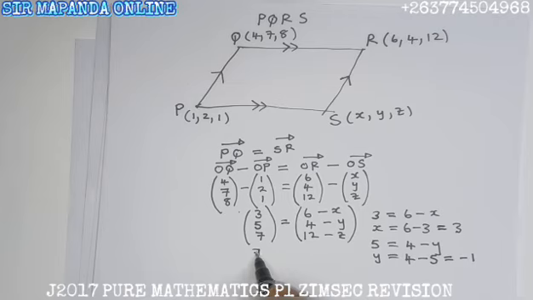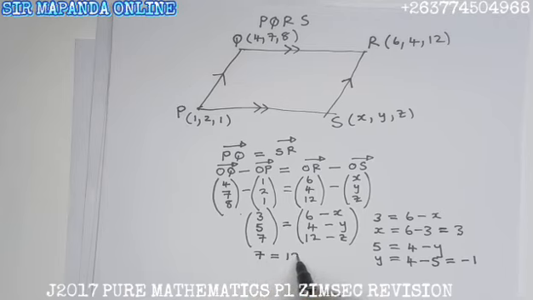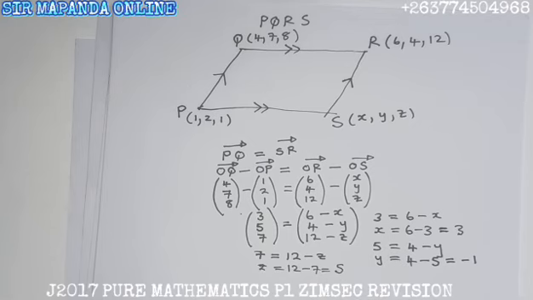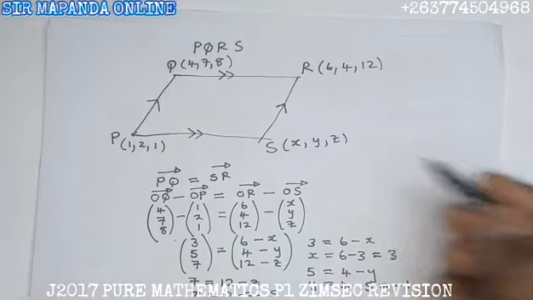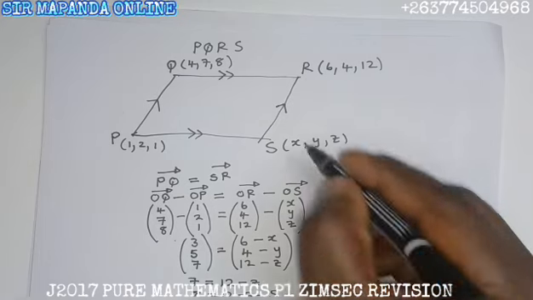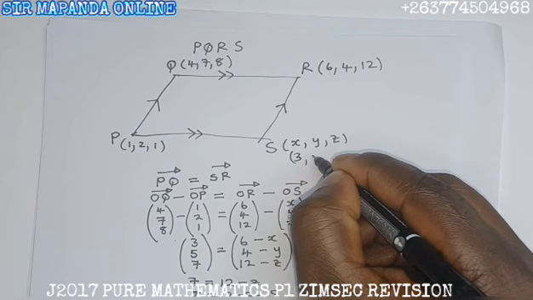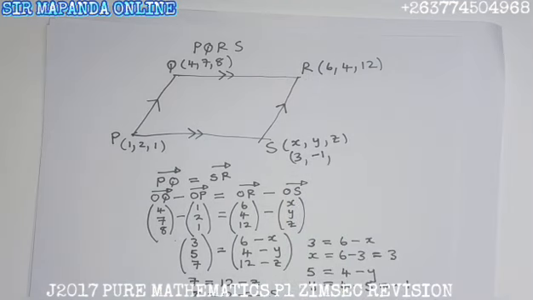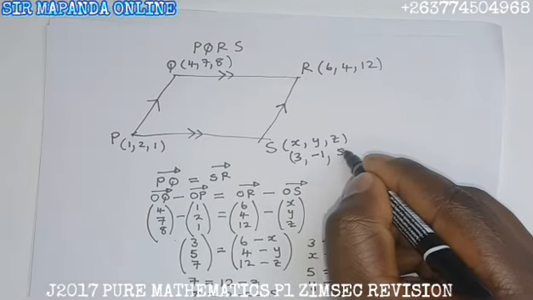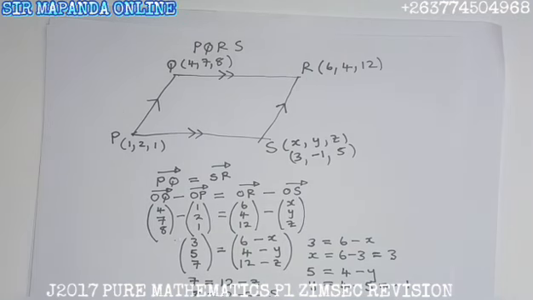Then here you are saying 7 is equal to 12 minus Z. If you put Z to the left, you get Z is equal to 12 minus 7, which is 5. I hope you are following. So the coordinates of S are X is 3, Y is minus 1, and Z is 5. This is your final answer.